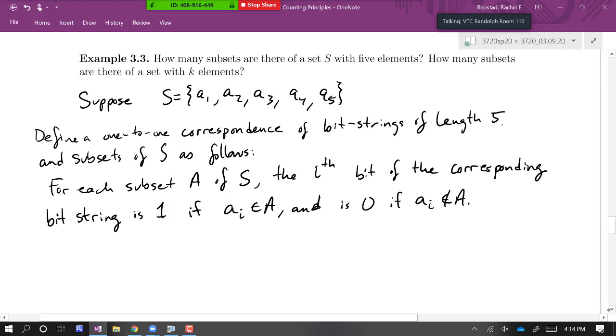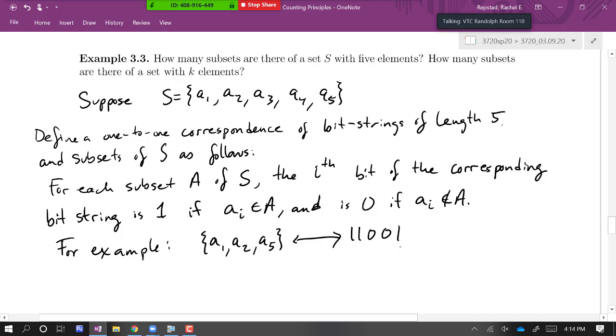So for example, the set A1, A2, A5, that's a subset of S, right? That corresponds to the bit string 11001, where I'm going to let the first bit be the leftmost, but you could define it the other way if you like.